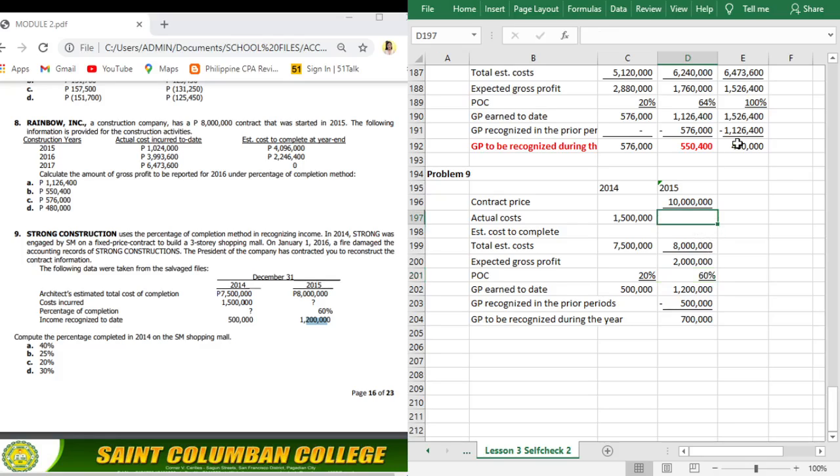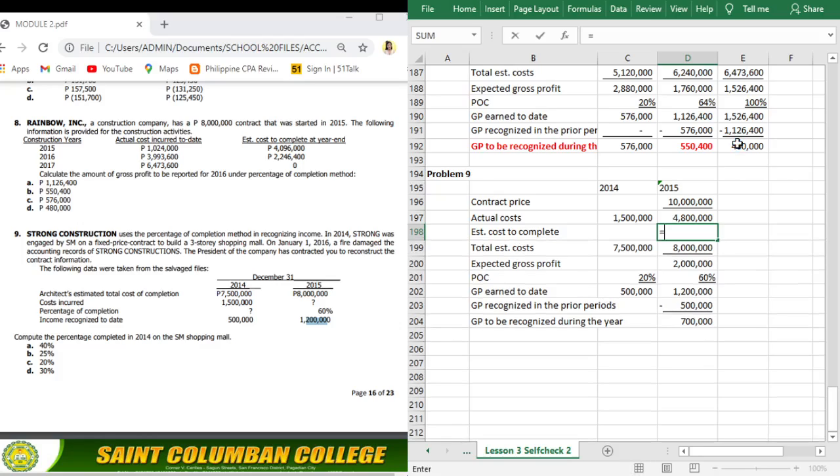Now, if the percentage of completion is 60%, then that means the actual cost is 60% of the total estimated cost. So, therefore, the estimated cost to complete is the difference between the total estimated cost and the actual cost, that is 3,200,000. So, kompleto na atong 2015.